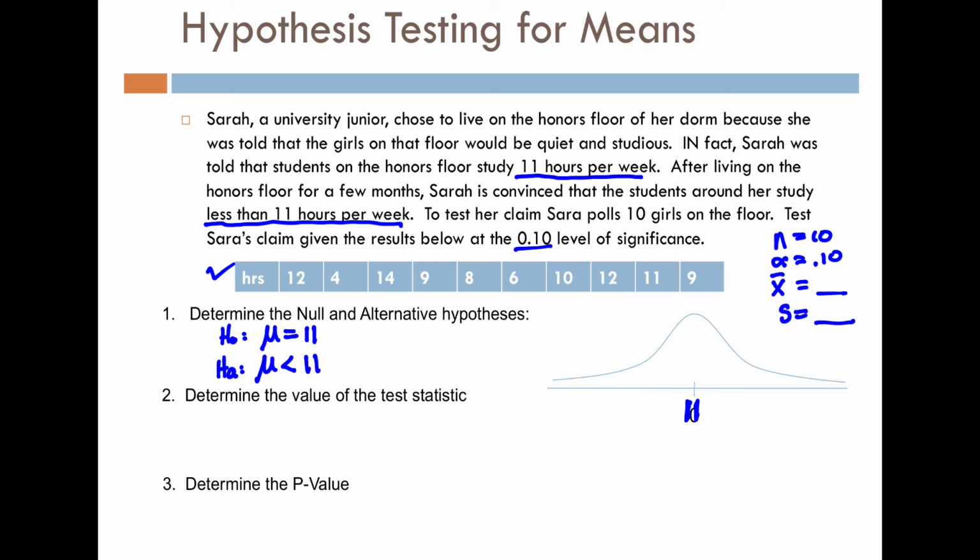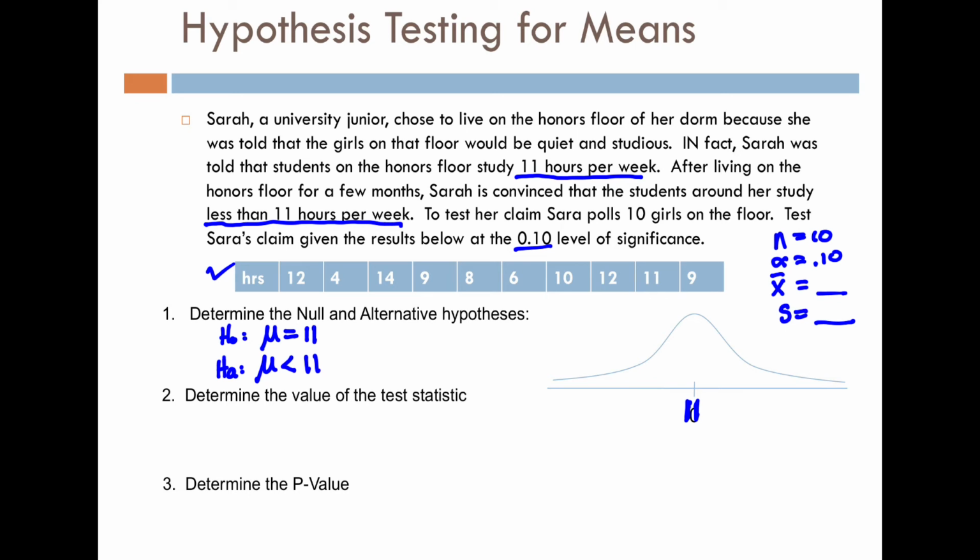And so we also need to find S, the standard deviation, the average spread of the sample. So let's put these into our calculators, into our lists, and then do our one variable crunch on those numbers. You might as well pause it right here and put these on for yourself.